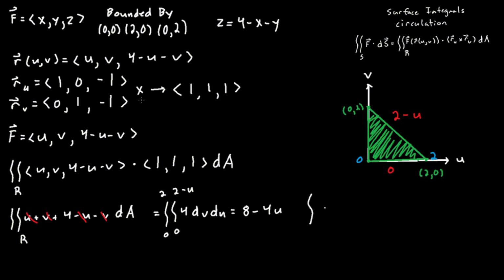And if you solve the integral of 8 minus 4u du, you'd get 8u minus 2u squared from 0 to 2, which is just 8. So 8 is the answer for this integral.